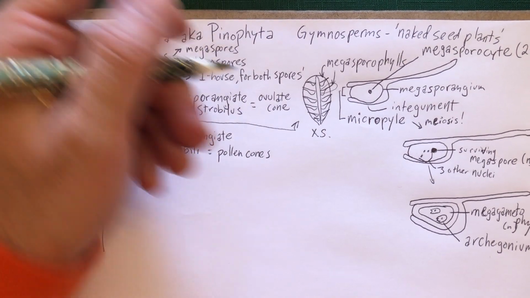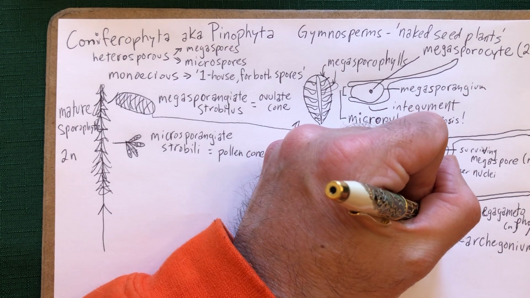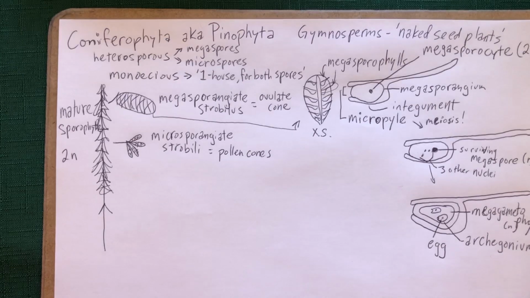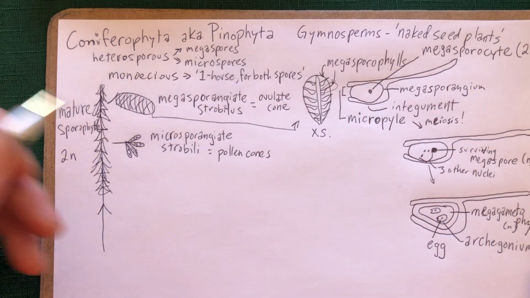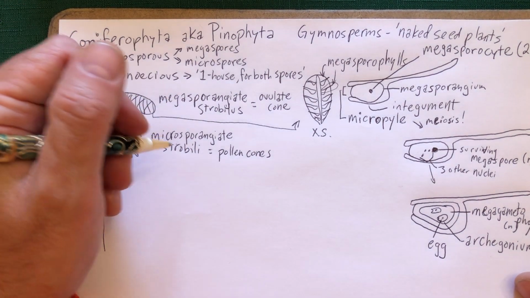There are several of them in there, but I'm just going to point out one archegonium. Inside that archegonium is an egg, and that's going to be the larger of the two gametes. All right, so we're going to give that a pause to grow and develop, which is something that really happens, although instead of a few seconds, it's going to take a few months for all of that to occur.